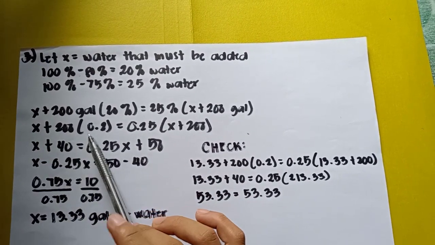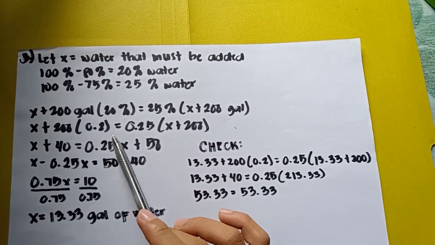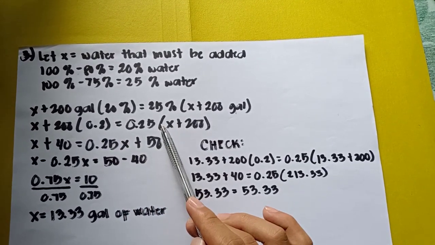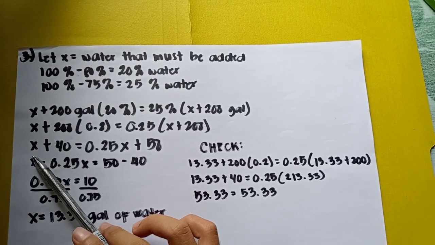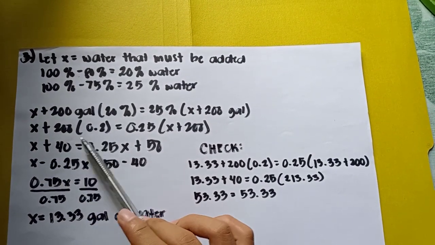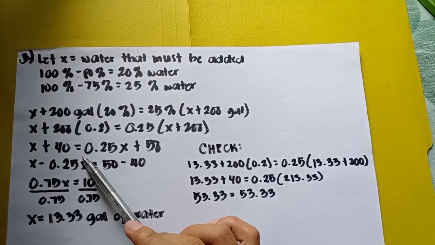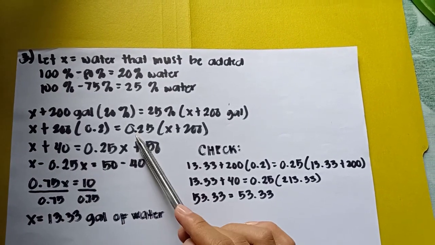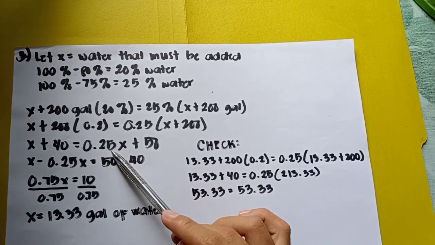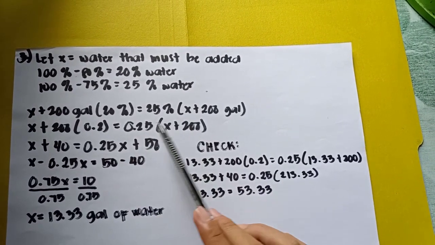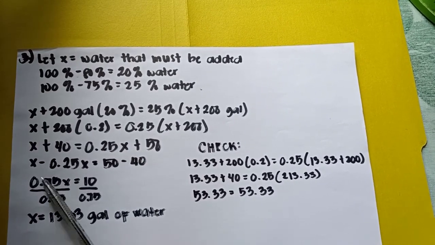(X + 200) times 0.2 equals 0.25 times (X + 200). 200 times 0.2 is 40, and then multiply X with 0.25, so it will be 0.25X. 200 times 0.25 is 50.